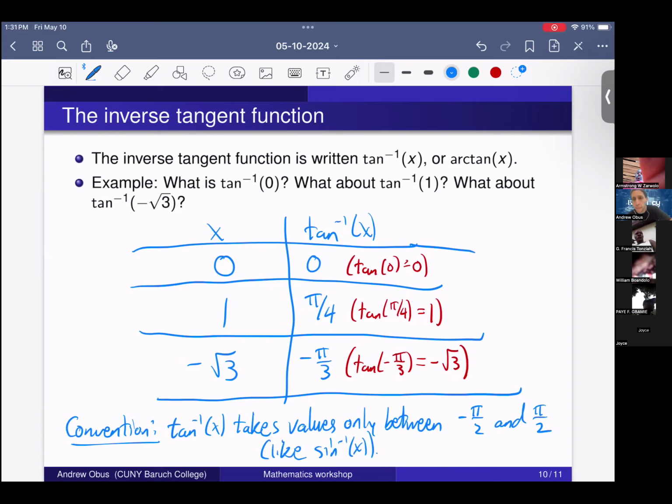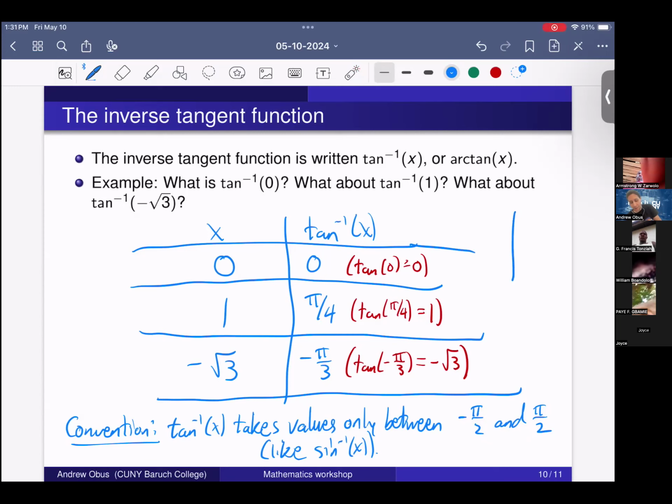Sine inverse and tangent inverse take values between minus pi over 2 and pi over 2. Cosine inverse takes values between 0 and pi. You couldn't have it take values between minus pi over 2 and pi over 2 for cosine, because then those angles only give you positive numbers when you take the cosine. You need a range where you get everything.